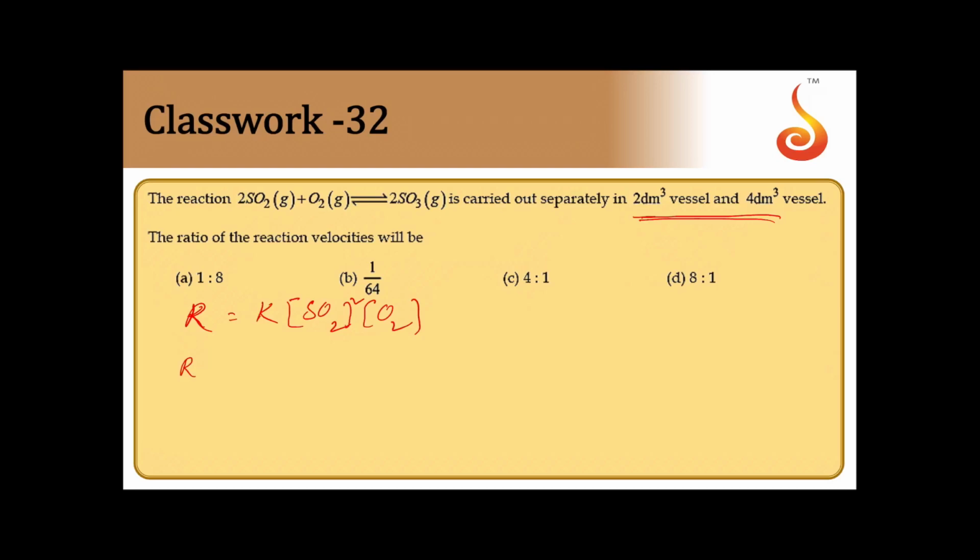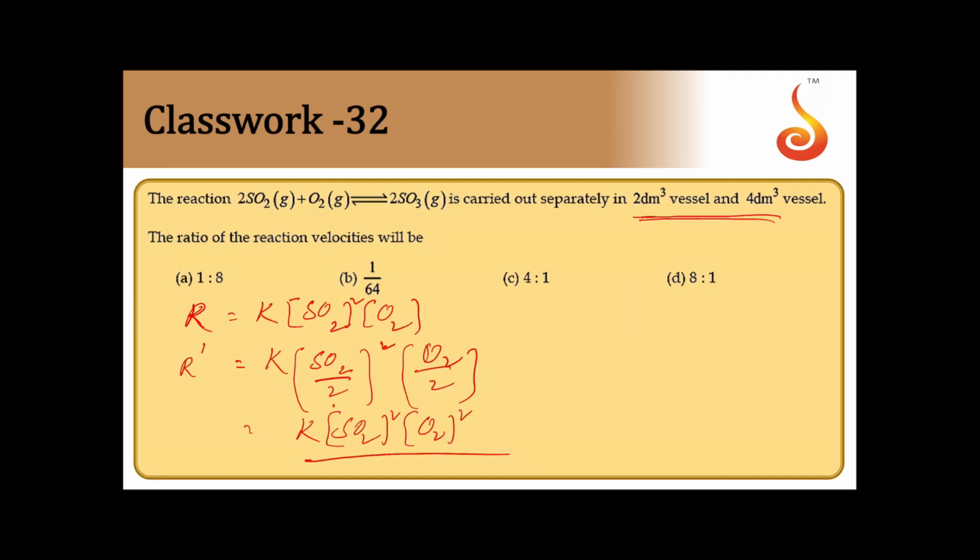R dash is equal to K into SO2 by 2, squared, and O2 by 2, which is equal to K into SO2 squared O2 by 2 squared into 2, which is 8. So R dash will be equal to R by 8. So the rate becomes 1/8 of the previous one.